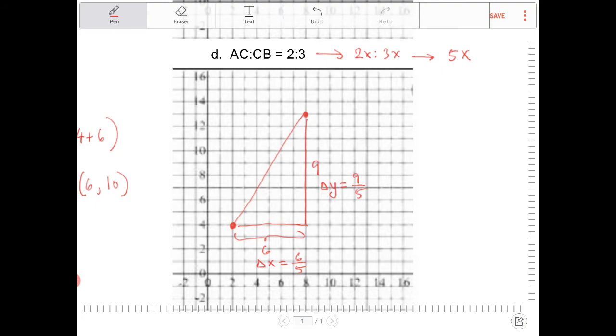I'm going to move from A, which is (2, 4). I'm going to add 2 of those delta x's, and now I'm going to add 2 of those delta y's. So that will give me 2 plus 2 times 6 fifths, comma, 4 plus 2 times 9 fifths.